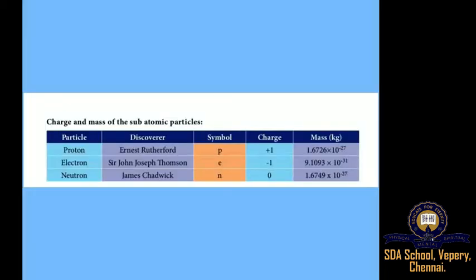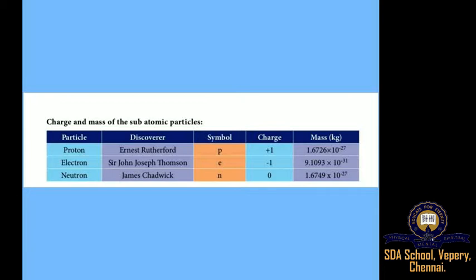Charge and mass of the subatomic particles. The symbol of proton is P, the discoverer was Ernest Rutherford, the charge is +1, and its mass is 1.6726 × 10^-27 kg.